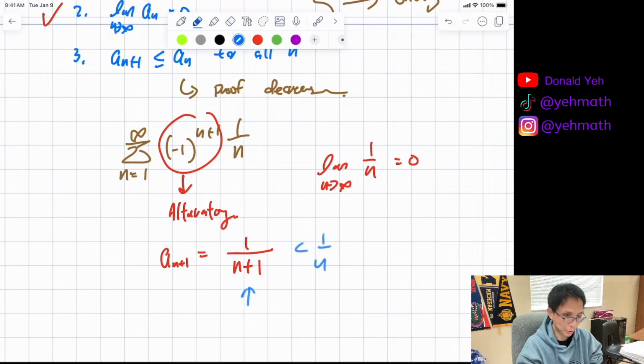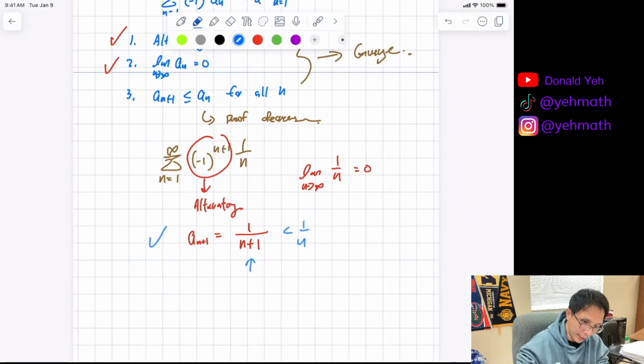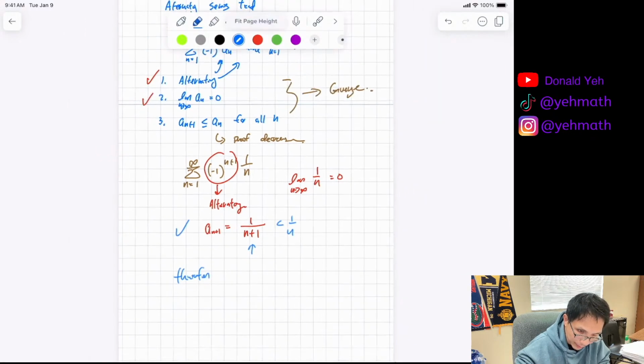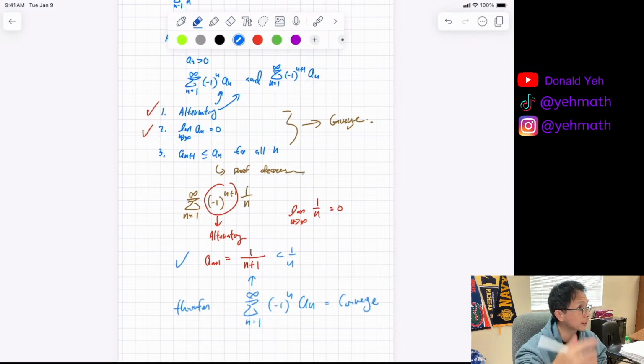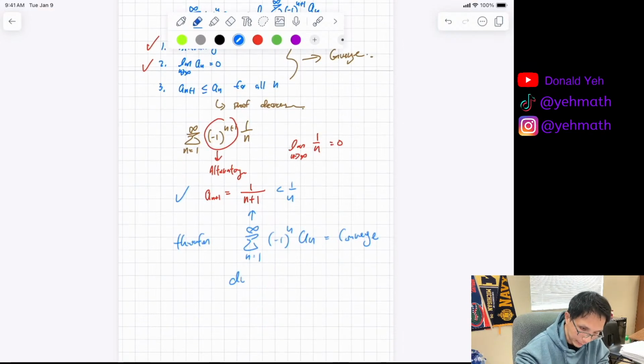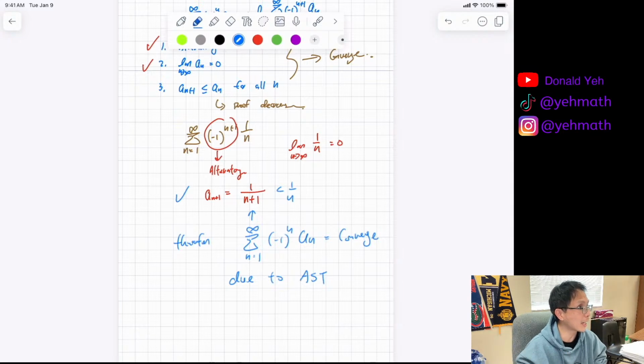So this one is checked. Therefore, the summation from n equals 1 to infinity of (-1) to the n of a to the n converges. We don't know what they converge to, but we know it converges due to AST. I'm not going to write down the whole thing because you don't have time. You just write down AST, that's fine.